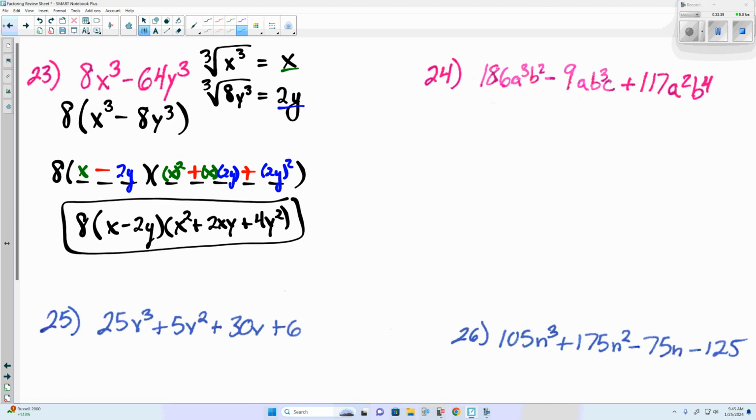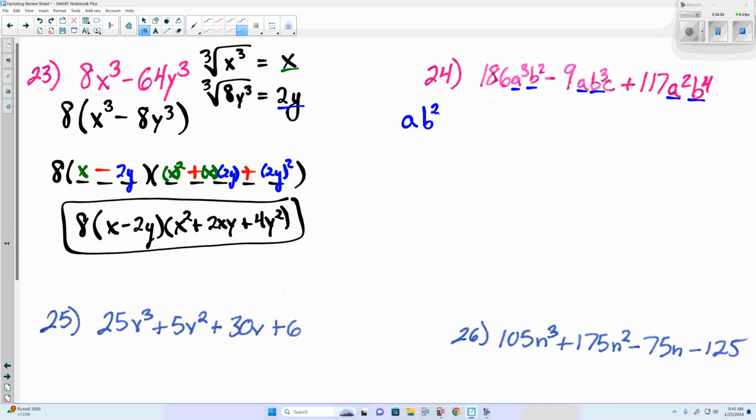Now 24, if we look at this here, purely looking at variables first, A. Now, the most we can take out is a to the first because the middle term is to the first. So that's the most we can remove from those there. B squared, B cubed, B to the fourth.